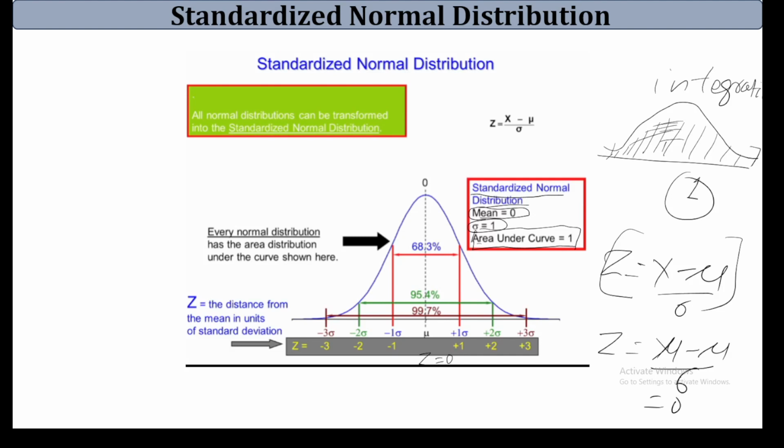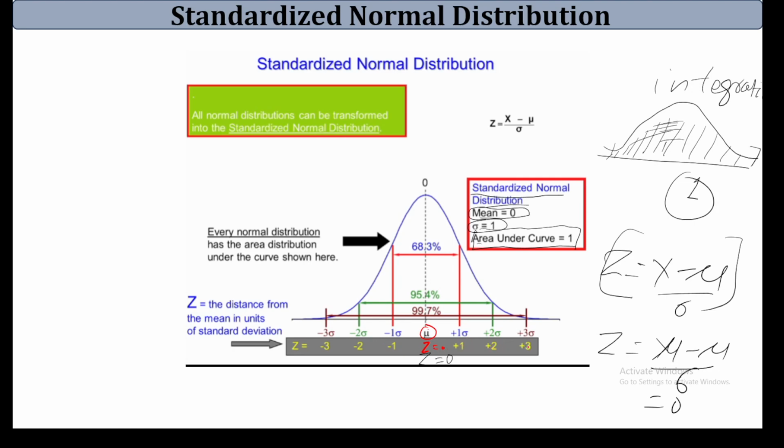So this is the formula. The mean is equal to 0, the standard deviation is 1, and the area under the curve is 1. This is for the standardized normal distribution. Here this is a normal distribution, but this one with z equal to 0 is the standardized.